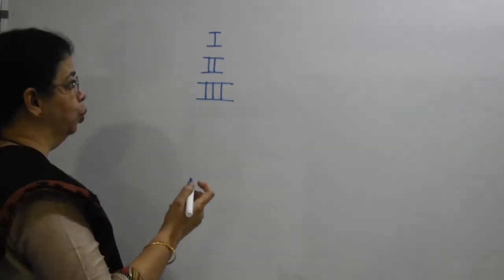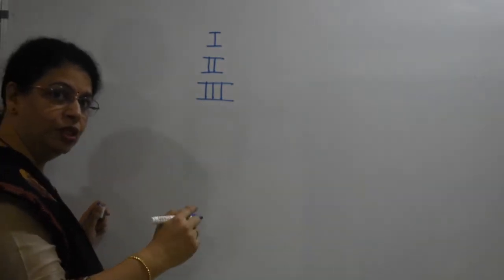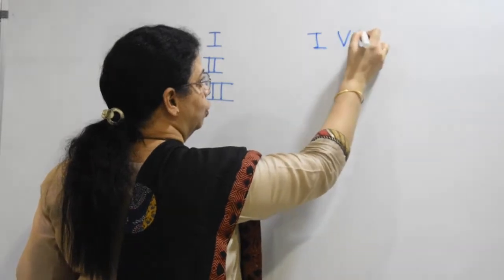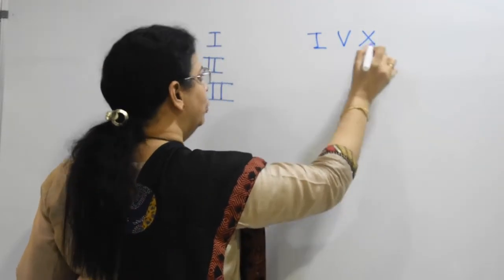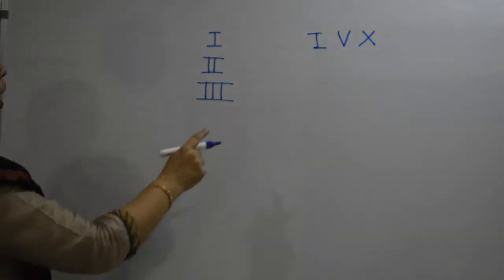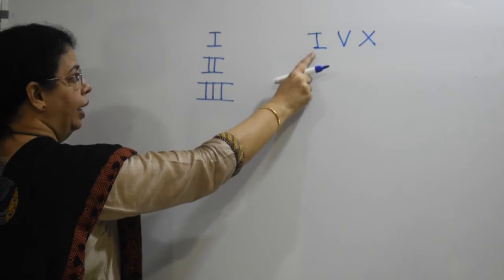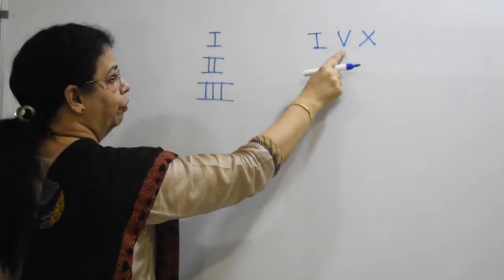Then what can I do? I have to take help of the letter which comes after I. I'll write here letters, okay? So that it becomes easy for you. I'll take only 3 right now. So I have taken 3 times. I cannot repeat I to write 4. So I have to take help of this 5.